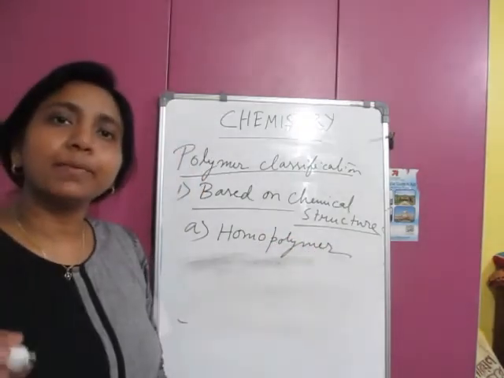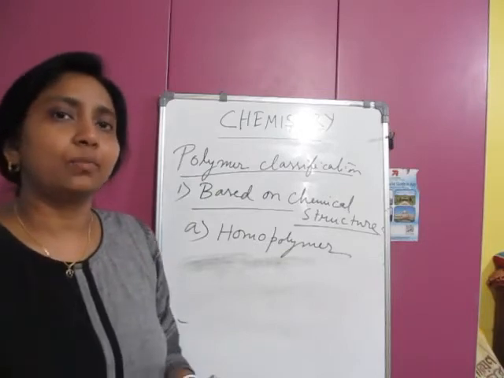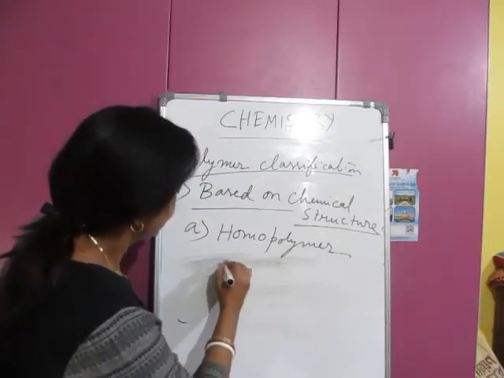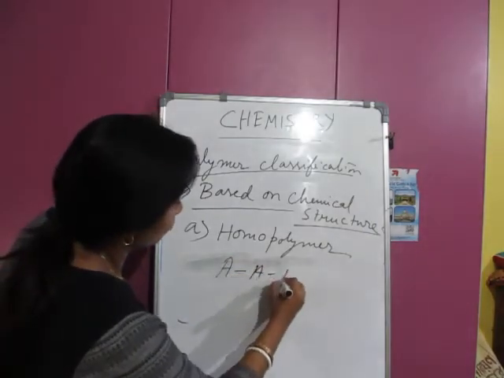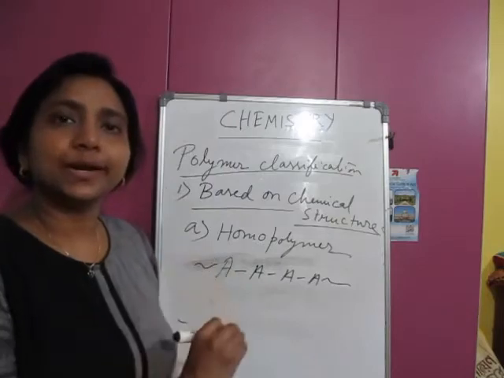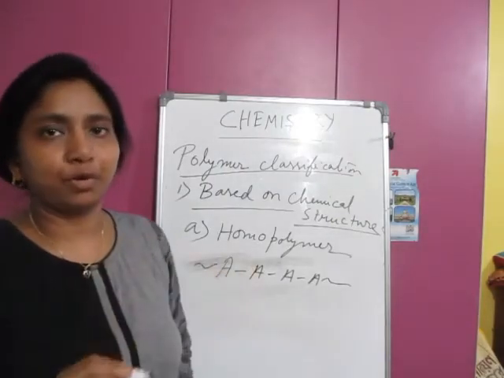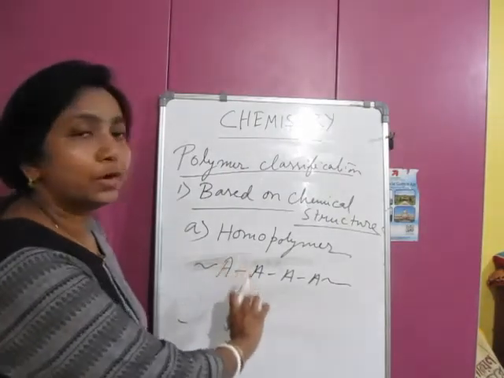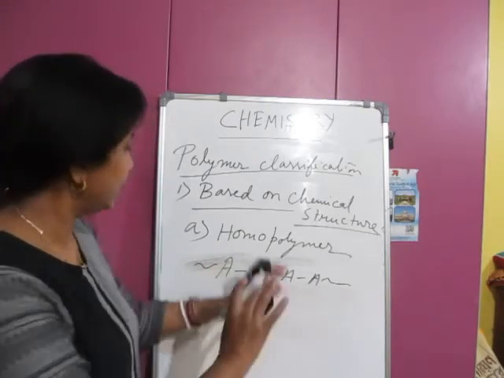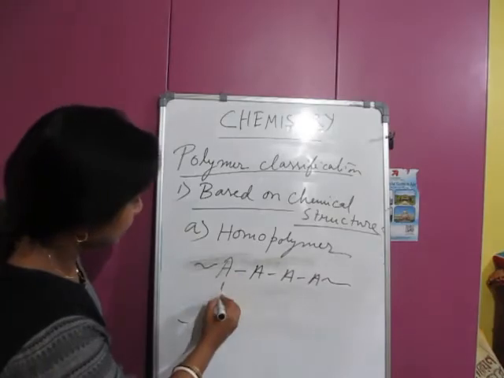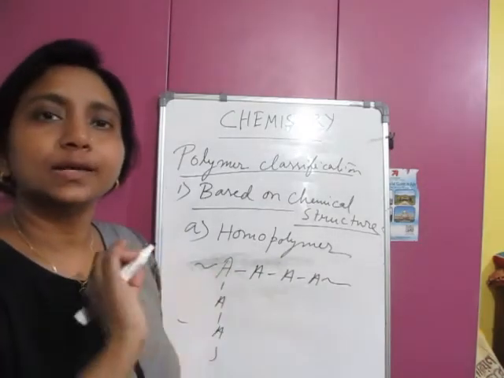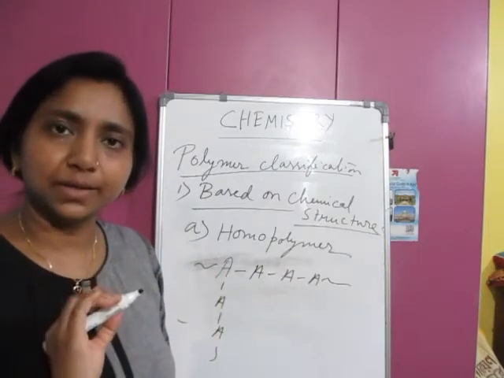Homo Polymer means all the monomer units are the same. For example, this is the structure of a Homo Polymer. You can notice that all monomer units are the same, all A. If there is branching, then also it will be all the same monomer unit.